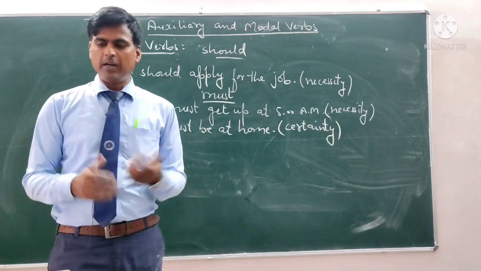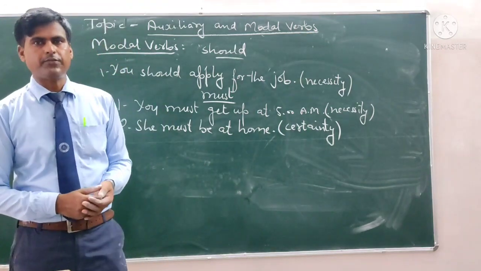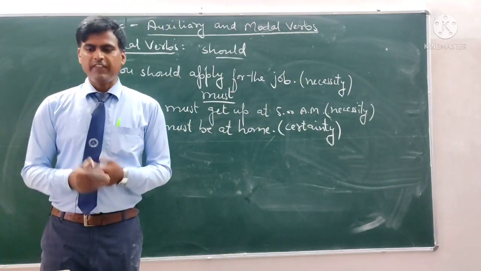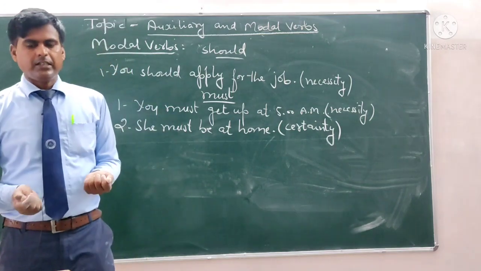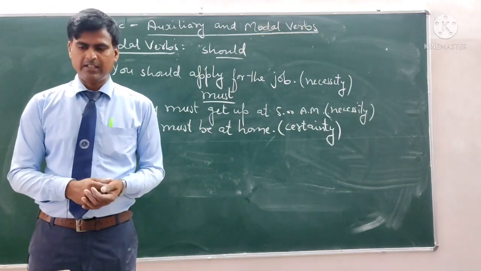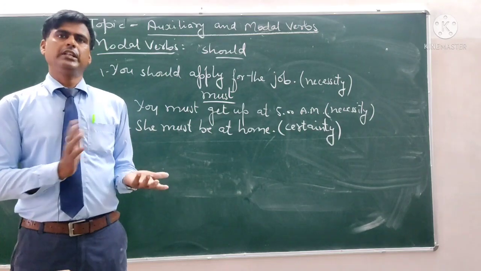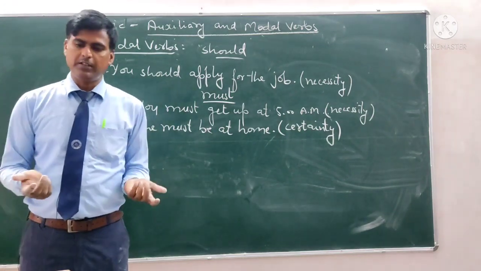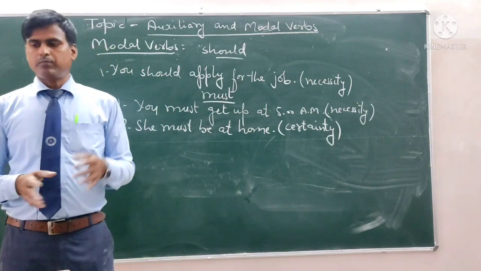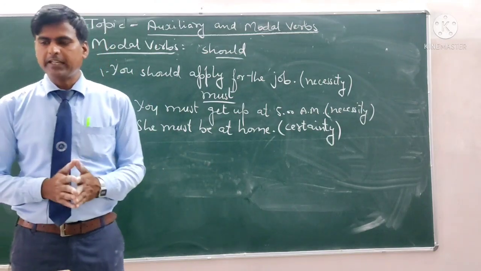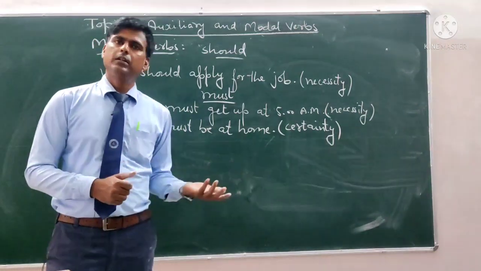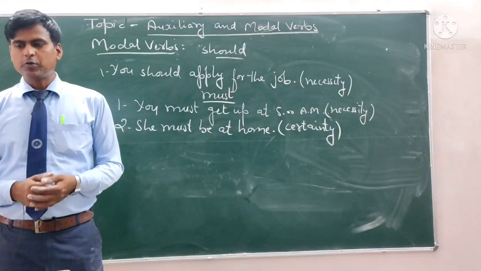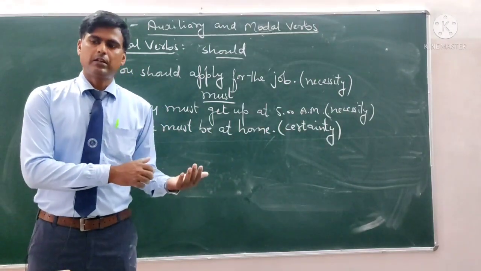Okay. Use can for ability, permission, request, offer, etc. We can use could for ability in past and request. We can use may for permission and possibility. We can use might for permission and possibility. We can use will for future action, for request or for offer, and we can use would for request or offer.